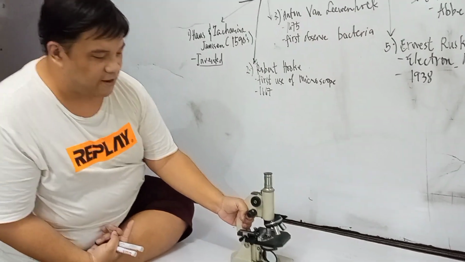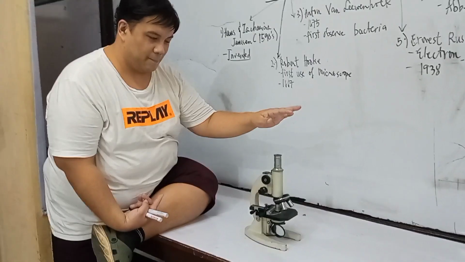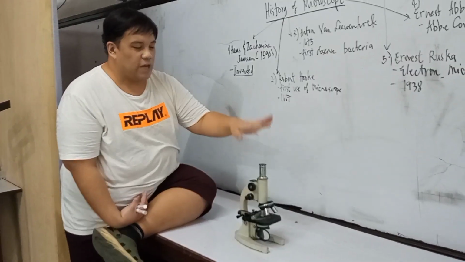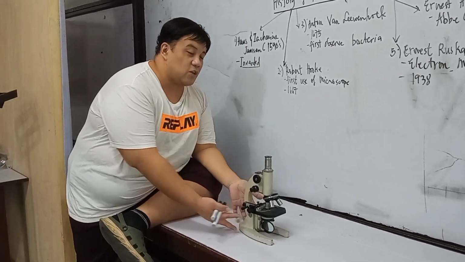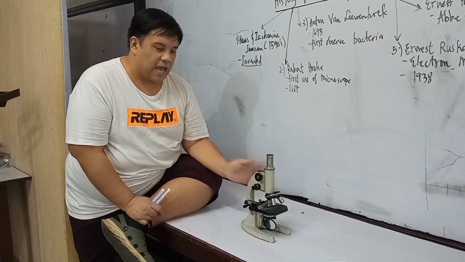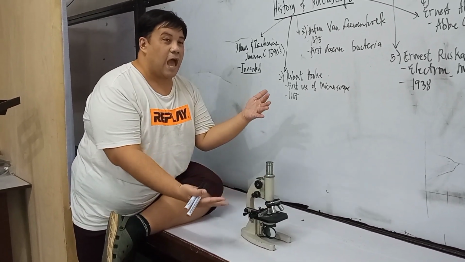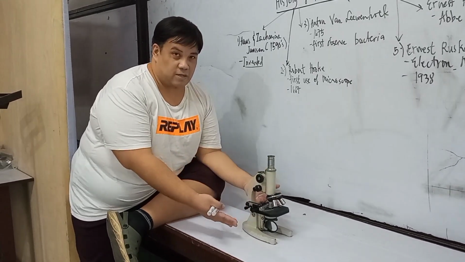So let's get here. I have here the compound microscope. Okay, parts and functions na tayo. The parts and functions of microscope, meron tayong dalawa: the mechanical, and then the magnification or observation parts.